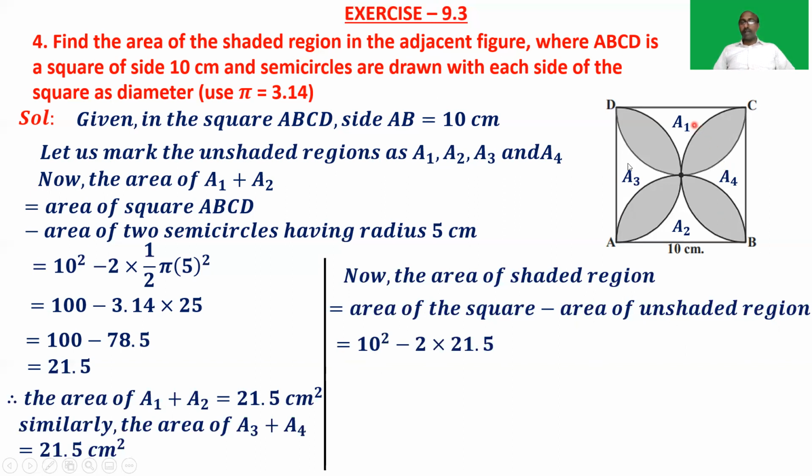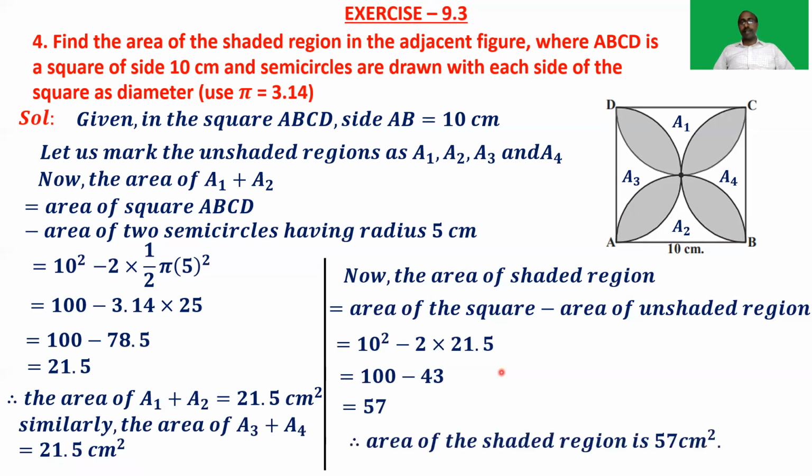The area of the unshaded region is A1 plus A2 plus A3 plus A4. We have A1 plus A2 is equal to 21.5 and also A3 plus A4 is equal to 21.5. So twice the 21.5 we are taking. So 10 squared minus 2 into 21.5, which is equal to 100 minus 43, so 57. So the area of the shaded region is 57 centimeters squared.